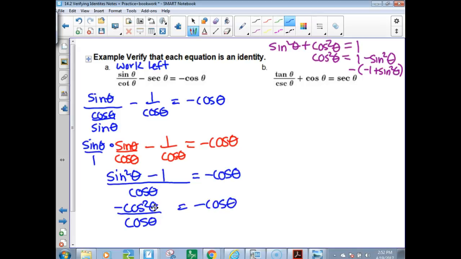Okay, did I lose anybody just there for a minute? If we don't get that, I want to explain it again. Okay. We started looking at the identity sine squared theta plus cosine squared theta equals 1. All I did was subtract the sine squared.